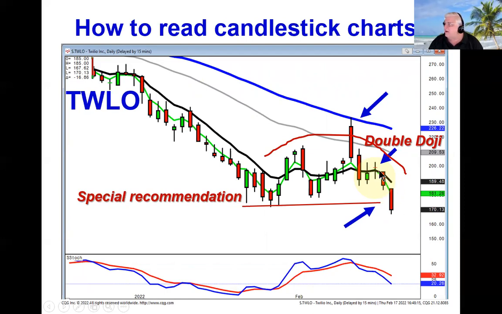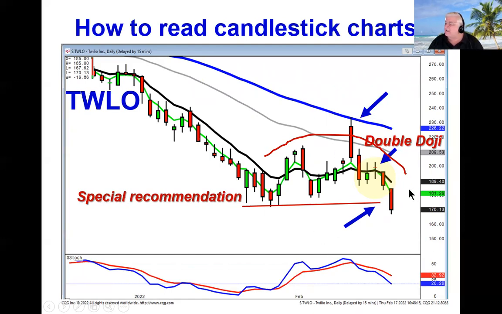Strong implication that if they opened lower, they weren't coming up above the T-line. And then our recommendation today was if they opened lower, they were still heading to this target level. And if they breach that target level, wave 1, wave 2, going into wave 3.